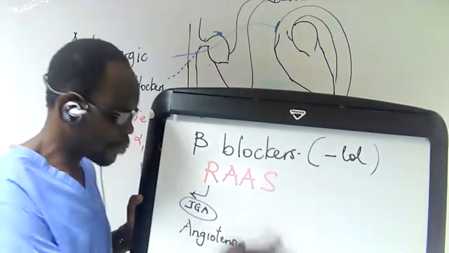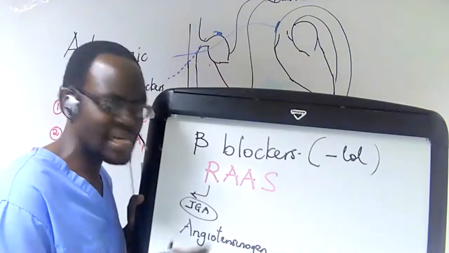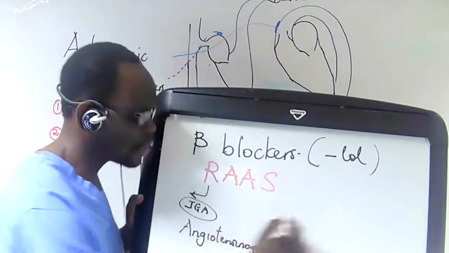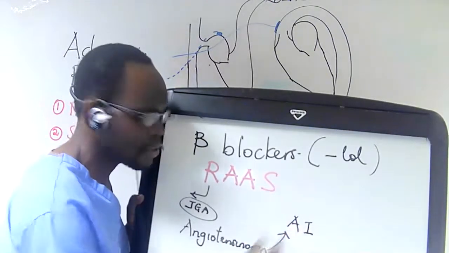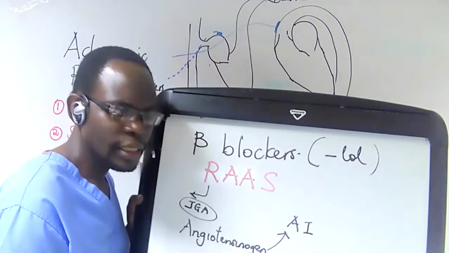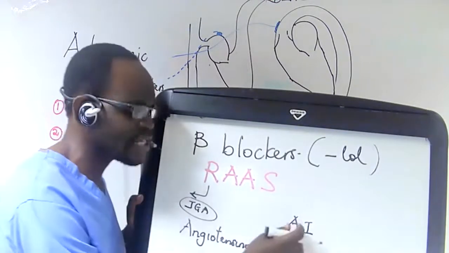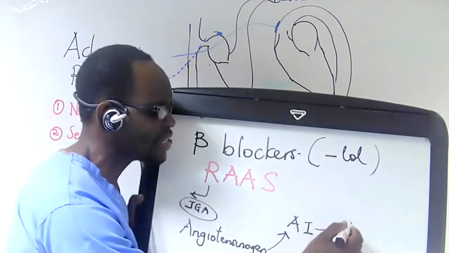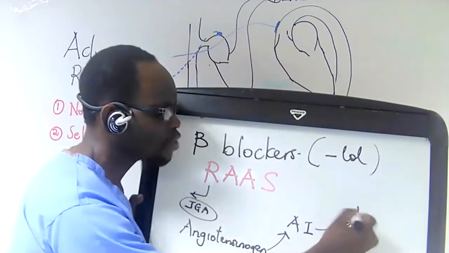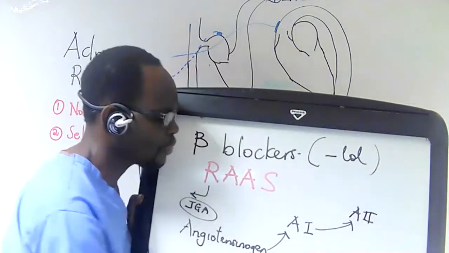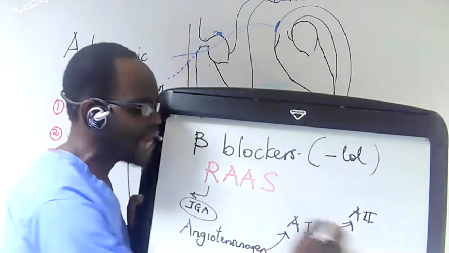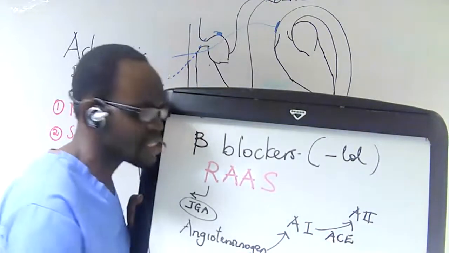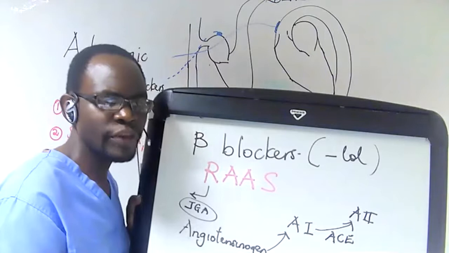So the renin converts angiotensinogen to angiotensin 1, and then this angiotensin 1 is converted to angiotensin 2 by an enzyme called angiotensin converting enzyme, which is produced within the lungs.